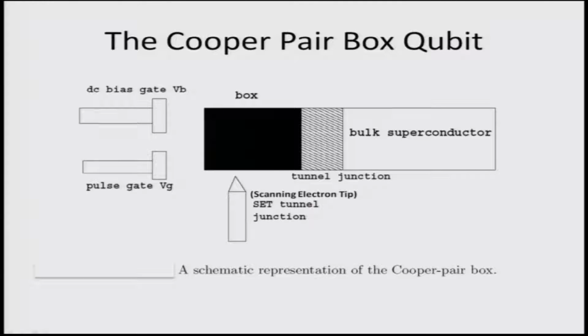A scanning electron tip measures the tunnel junction values, and this is in volts, and this is the value which is being measured in terms of the tunnel junction signal that is being seen. This is how the schematic representation of a Cooper pair box looks like.